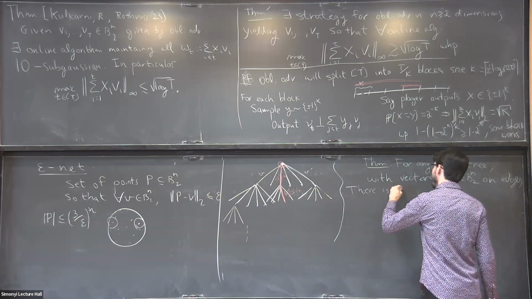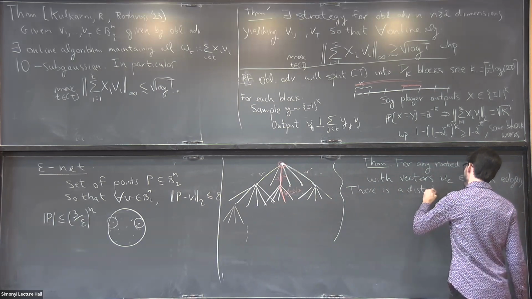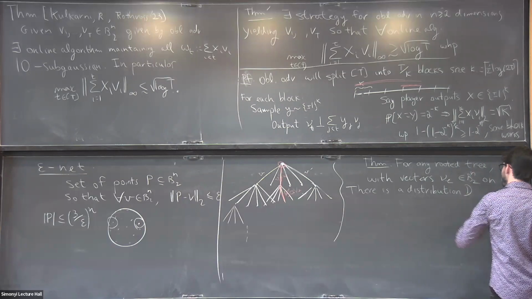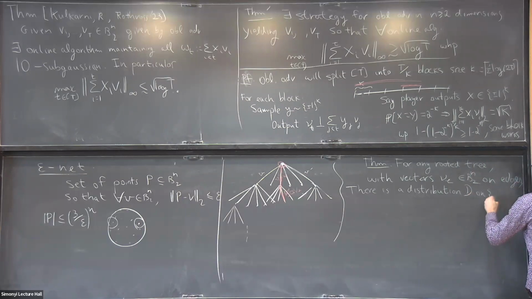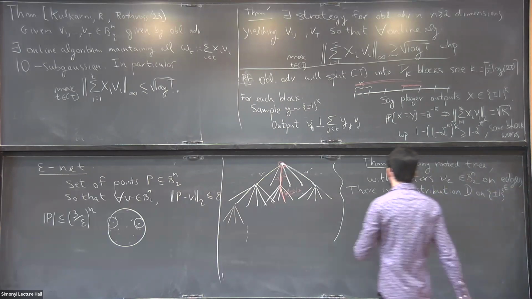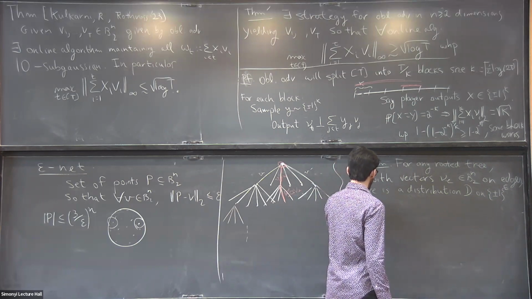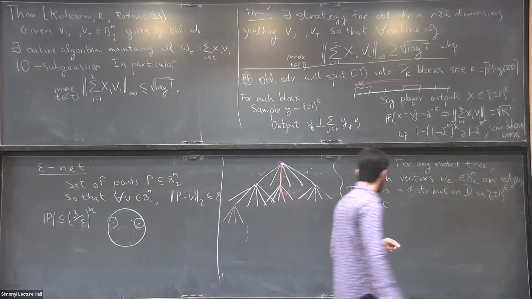There's a distribution D on the set of signed vectors on the edges with the property that all the root vertex paths are sub-Gaussian.